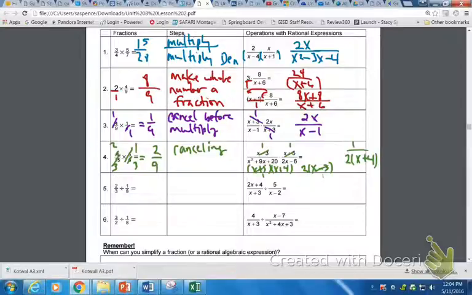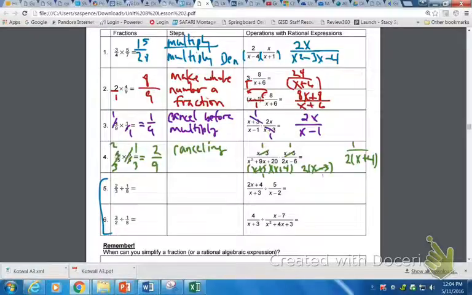Okay, let's look at our last two here. 16 over 3. All right. Now we're switching from multiplication to what? Now we're switching to division. How do we divide fractions?